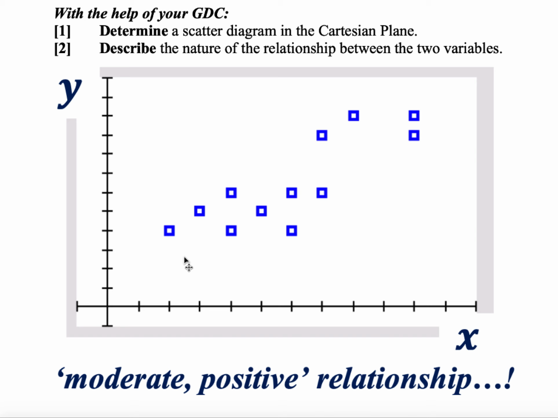If a line were to be fitted by eye to the data here, it's a line that would rise from left to right, hence a positive slope. So it's a positive relationship as opposed to one where it trends down. And it looks like it's moderately strong, looking linear. And so that kind of language would be what they would be looking for in terms of describing the actual relationship.